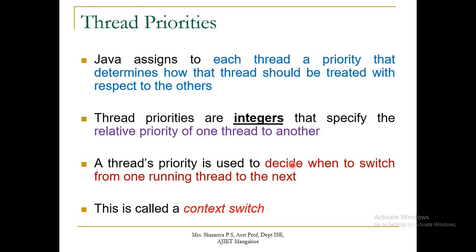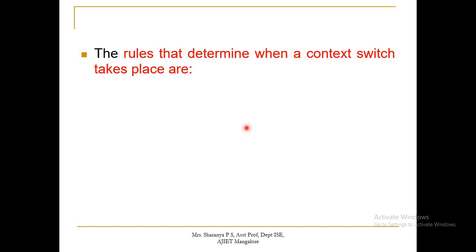That is, when the CPU wants to terminate the current execution of the thread and it needs to give the chance for the next thread, during that time, to decide which one to preempt, the thread priority can be used. Two rules are mentioned for determining when the context switch takes place.